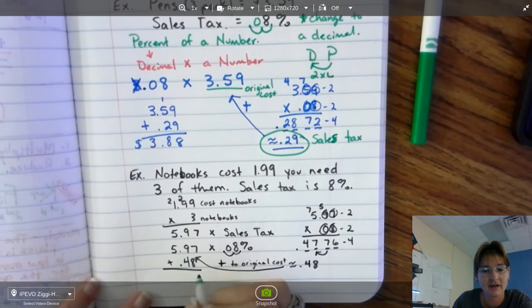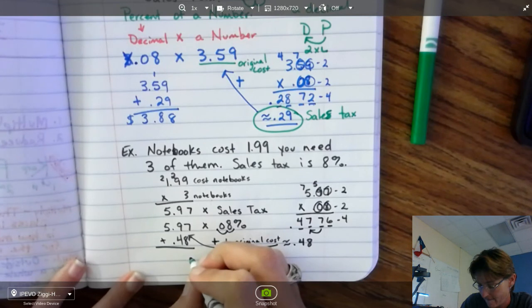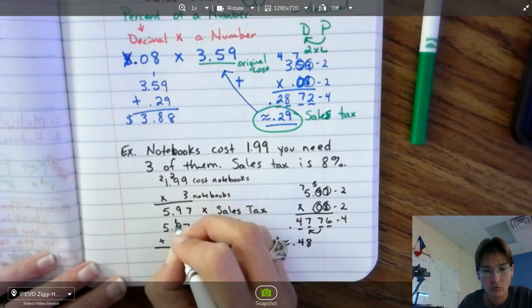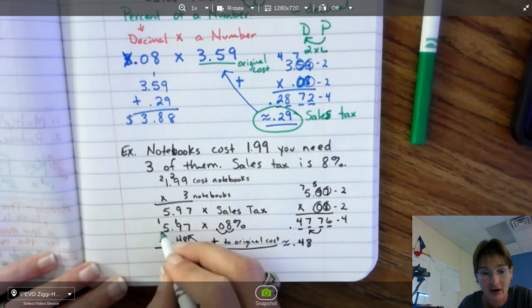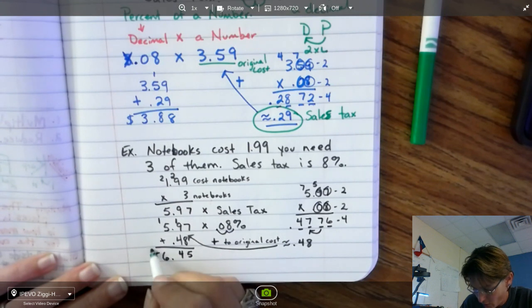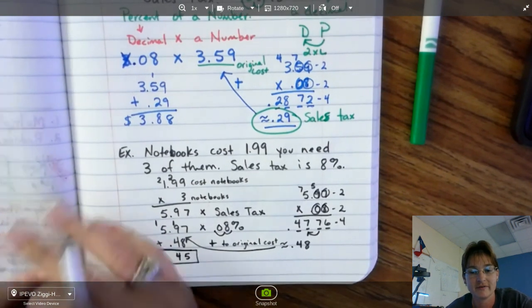So $5.97 plus the 48 cents, which is your sales tax, gives us 15. 9 and 1 is 10, plus the 4 is 14. And 5 plus 1 is 6. So for all 3 notebooks, we are going to spend $6.45.